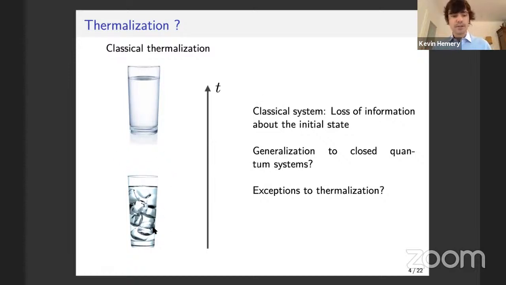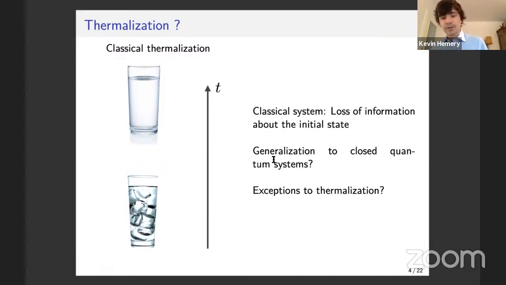In this sense, you can describe this glass of water as being isolated from its environment, although it's not true. Recently there has been a lot of progress in experiments to realize better and better isolated systems. So that's why it makes sense.